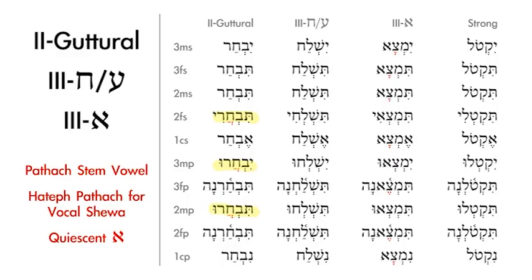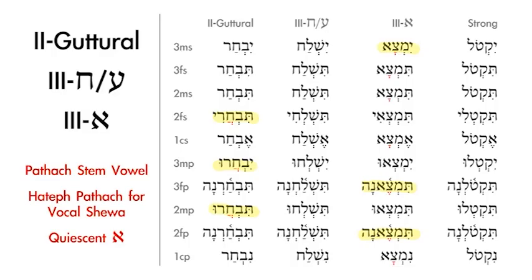And in the third aleph category, you'll see the qamets stem vowel and a quiescent aleph, something we've already seen with the Qal Perfect. Note that with the 3FP and the 2FP forms, you have a segol stem vowel. That is certainly irregular, but it shouldn't cause you any problem because you can identify the verbal root, mem, tsade, aleph, and the preformative and subformatives are identical to the strong verb. Good, those are the two guttural, third chet ayin, and third aleph verbs.